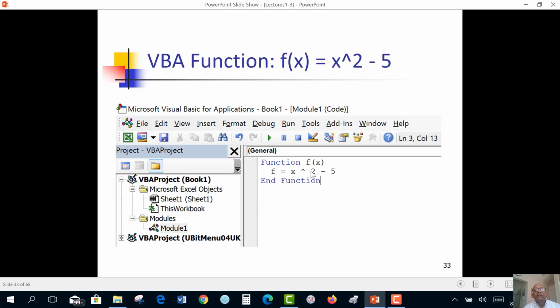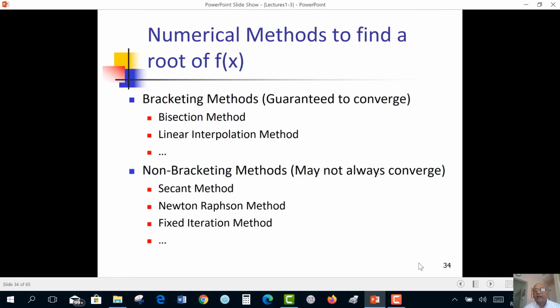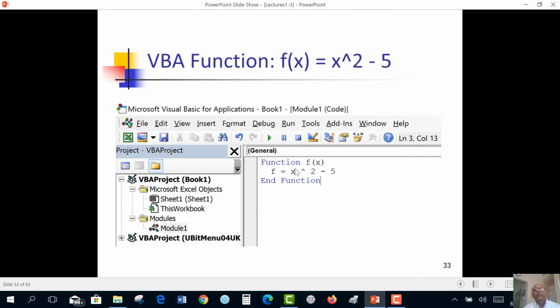Once you have learned how to plot even a simple function like x squared minus 5 in our case, later on, if you want more complicated functions, such as what we had with the cylindrical trough, we can put in all that cosine, inverse, all that pi and all that here in our VBA function.